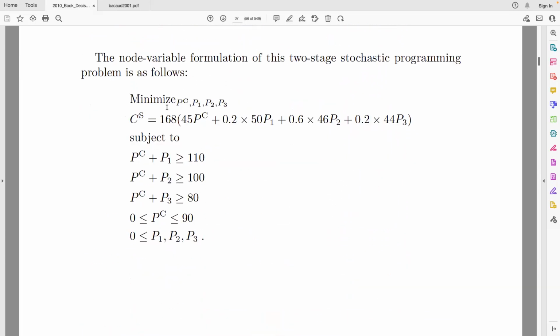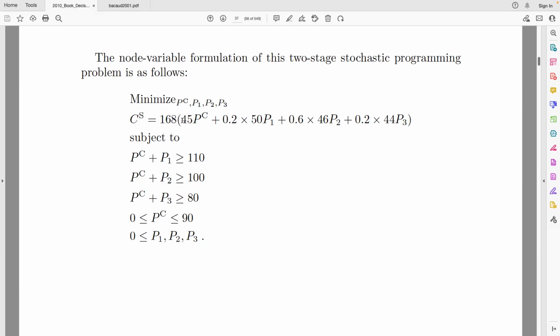This is the formulation. We want to minimize the cost. We have four variables. First is the power that we are going to buy from the contract, and the power corresponding to each of the scenarios. Given that we are analyzing this for a week, this is the number of hours we have in a week.